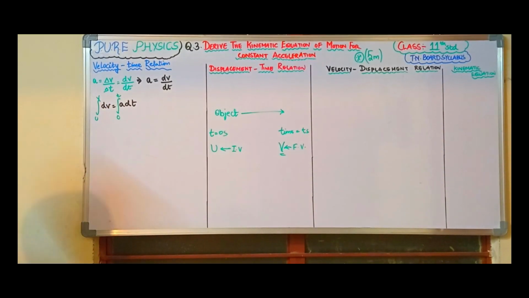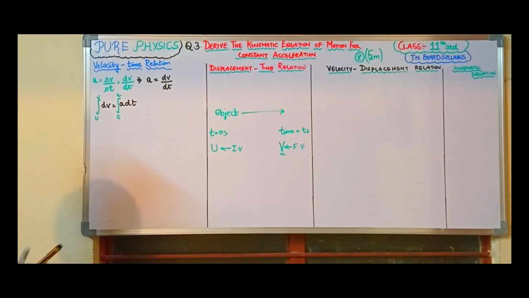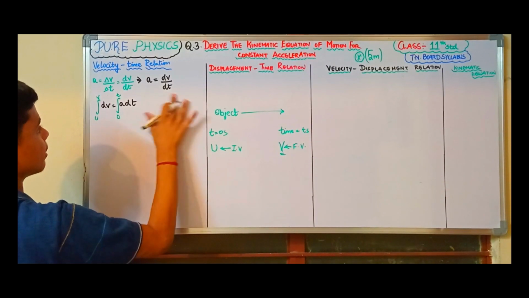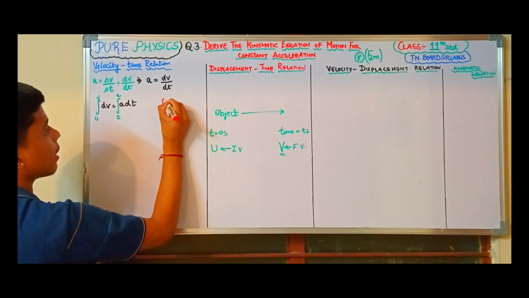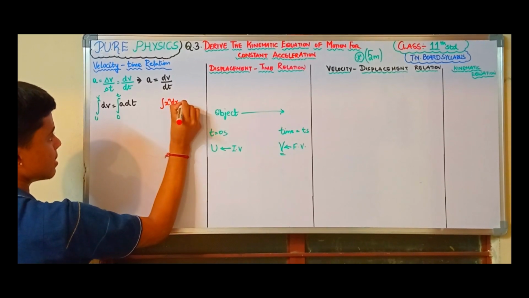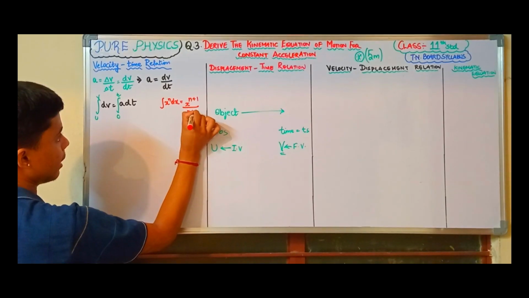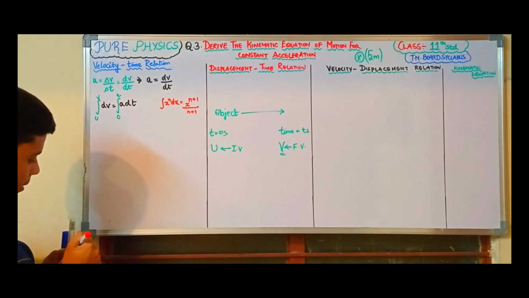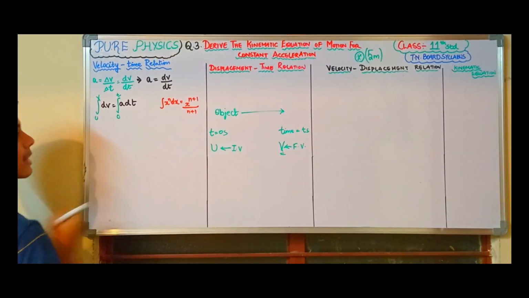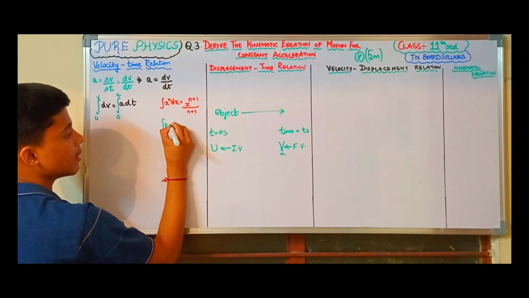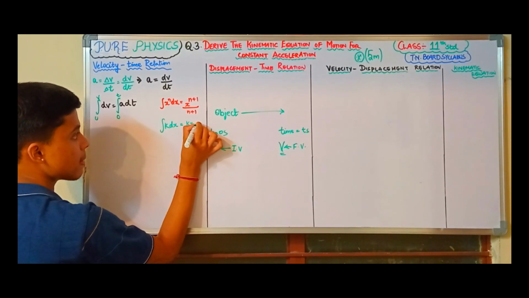Now I'm going to apply the formula that we saw before the beginning of this topic, that is, the integration of x power n dx is equal to x power n plus 1 by n plus 1. Integration of dv is what? The integration of a constant is always kx plus c.